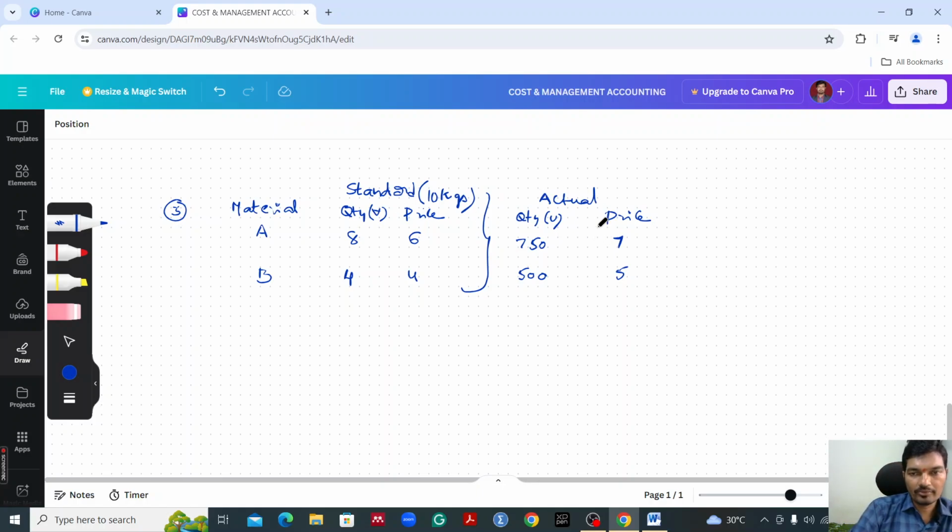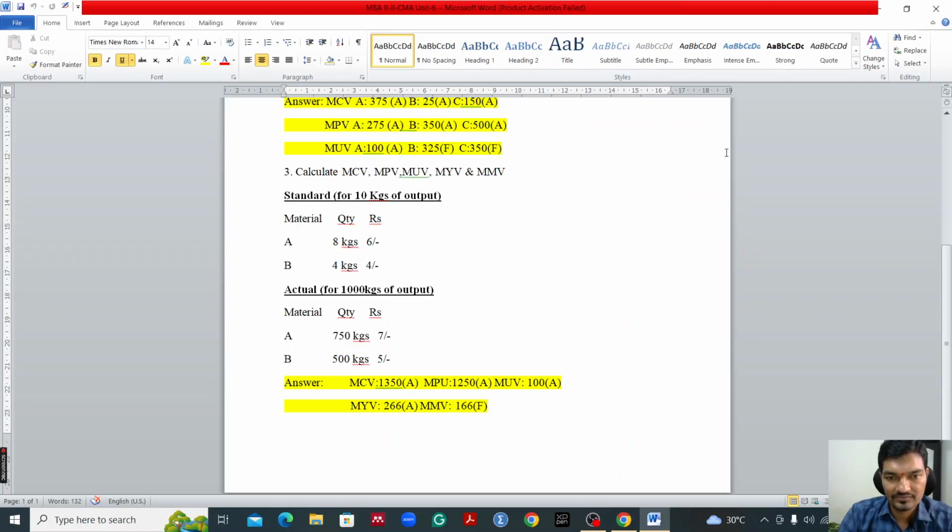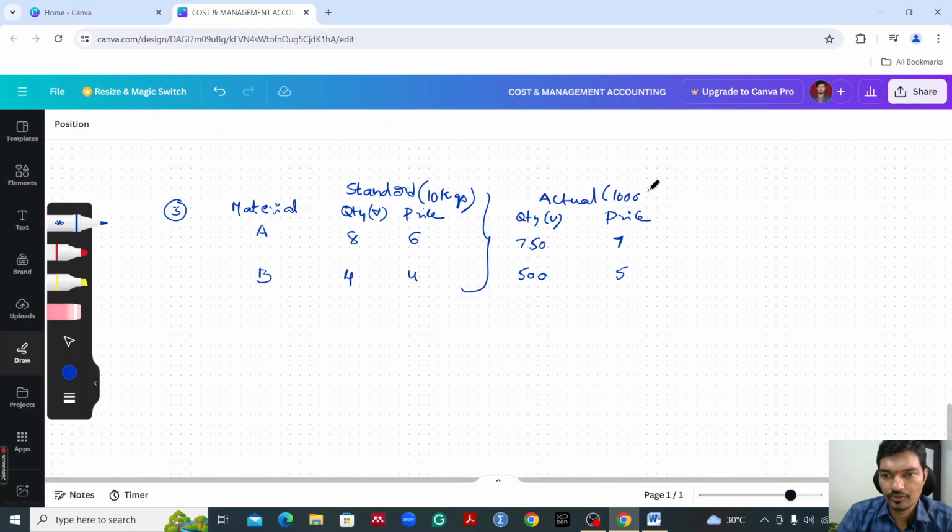Uniformity is required because this is for 1000 kgs of output. So we need to convert this according to the actual quantity. We need to convert the standard quantity because it is given for only 10 kgs of output, whereas the actual quantity is given for 1000 kgs of output.